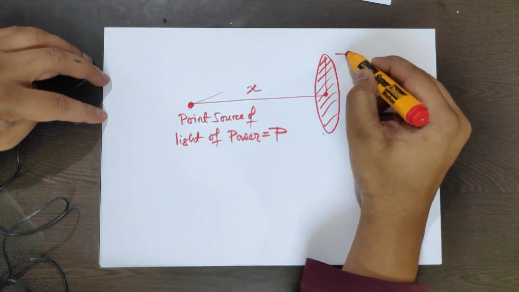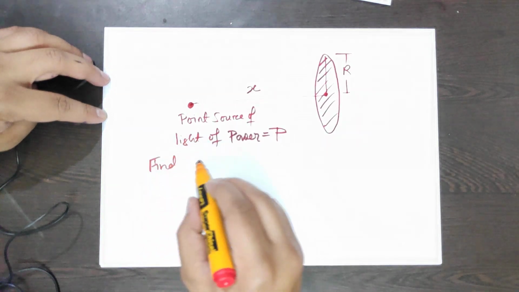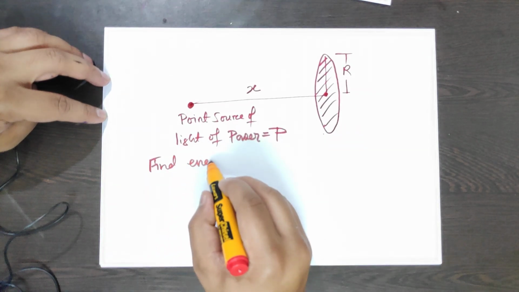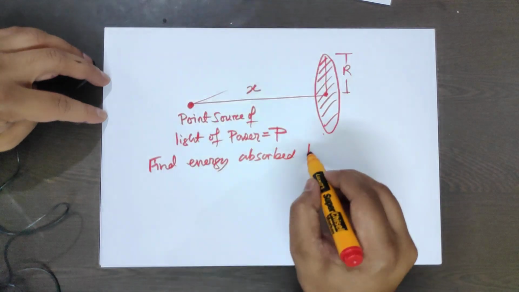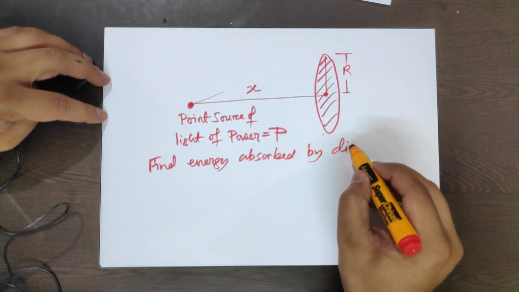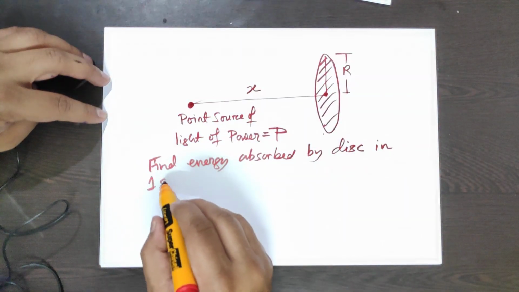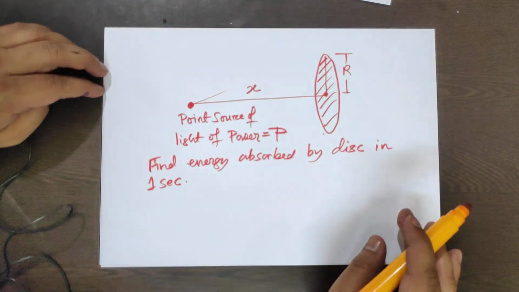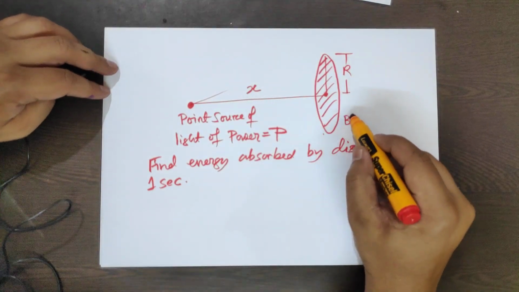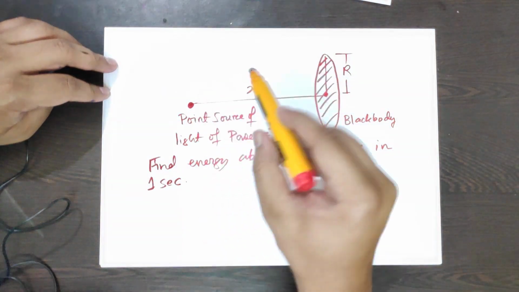It has radius r. Find the energy absorbed by the disk in 1 second. That means we have to find out the fraction of the power. That's a black body, obviously, it won't reflect anything, it absorbs all the power.